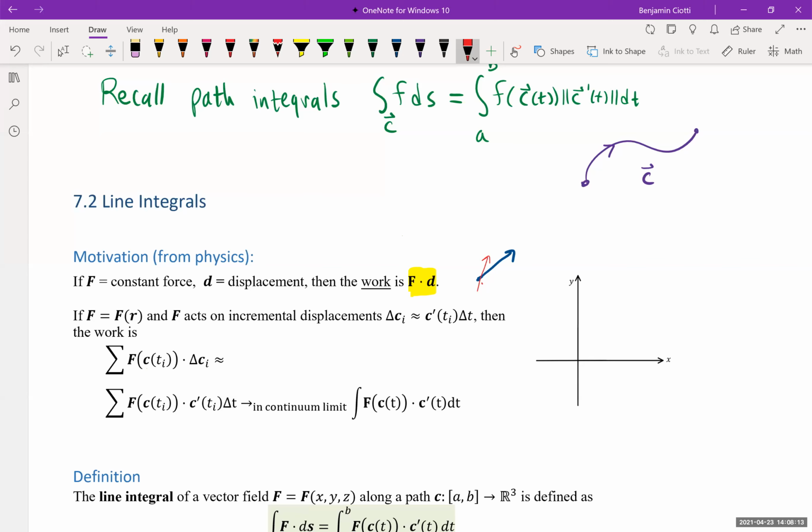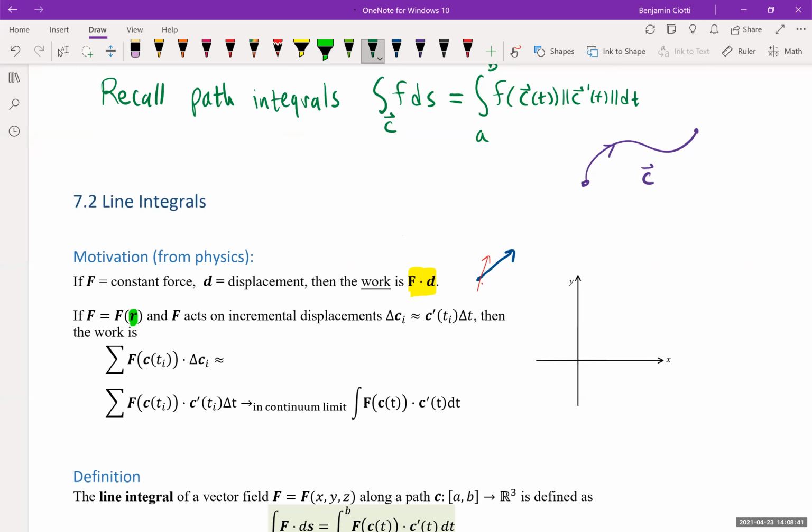For example, if an asteroid flies by the Earth, the force of gravity depends on how close you are to the planet. The force gets stronger when you get closer to the planet. So, more generally, we should be considering forces that depend on position. So, we'll consider forces that vary with position.